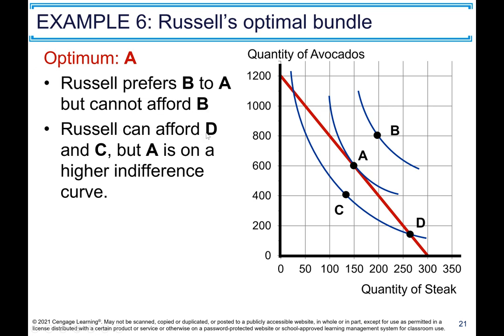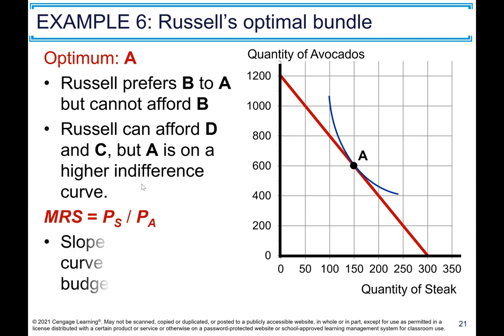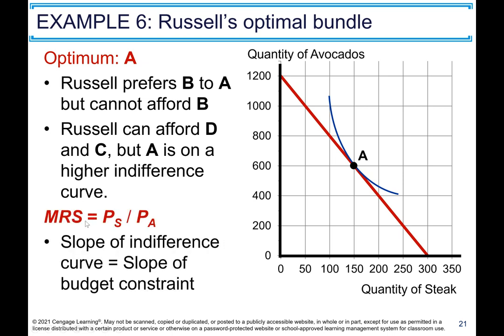Russell can afford D and C, but A is on a higher indifference curve. The marginal rate of substitution is the ratio of the price of steak over the price of avocado, which is the slope of the indifference curve, equal to the slope of the budget constraint. And that is what is happening at point A.